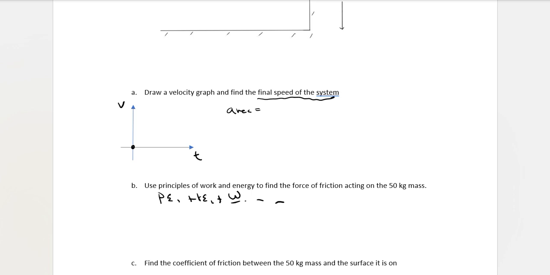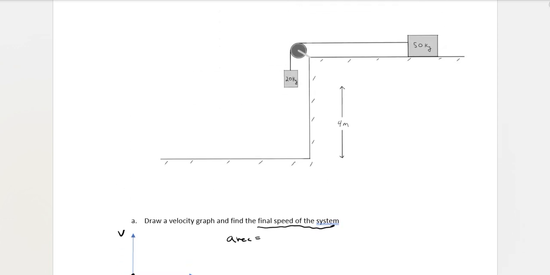Now, when we get back to my picture here, you always want to draw position 1 and position 2. So here's position 1. This object is here. This one is here. Position 2. Here's the 20 kilogram mass. Here's position 2. A little bit of daylight here. It's not quite hit the ground yet, because again, once it hits the ground, its velocity is 0.